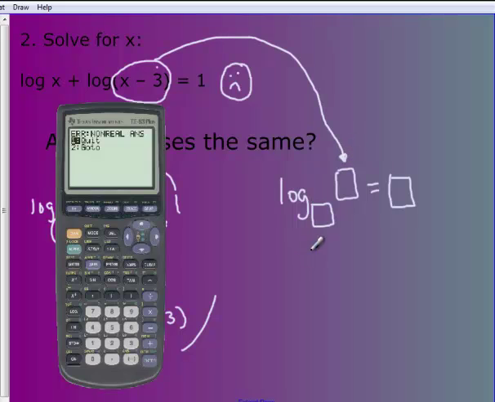So can something raised to an exponent ever get me negative? Can something raised to something ever get me a negative answer? No, never. Really? Watch. Because in any exponential equation, see how it never goes into the negatives?